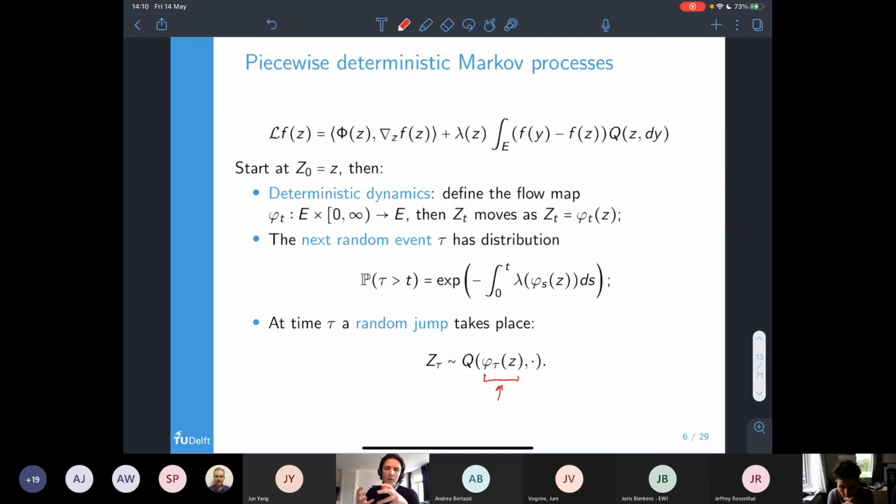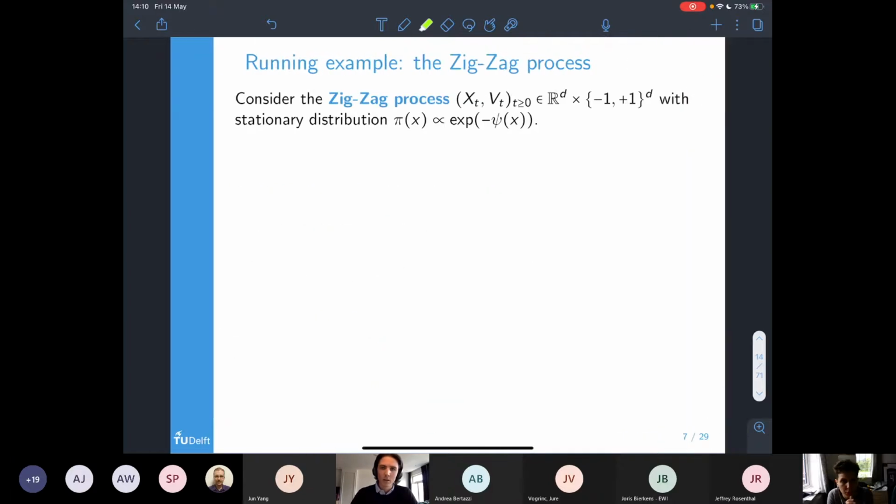Once we are there, we feed the Markov kernel with this input state, and then we draw Z tau, the state of the process at time tau, just after the jump time. So this in general is how a PDMP would look.